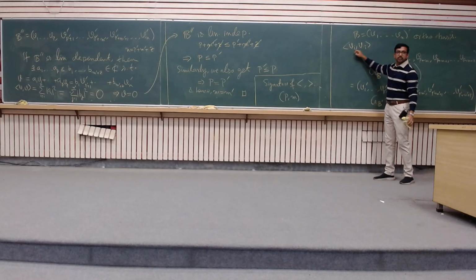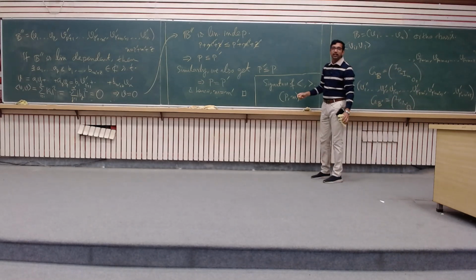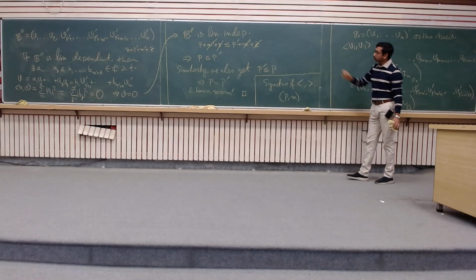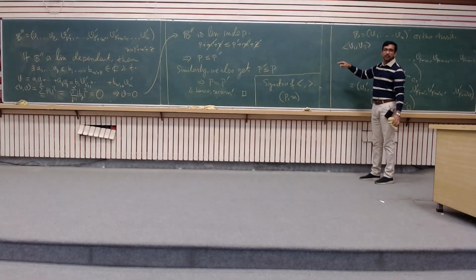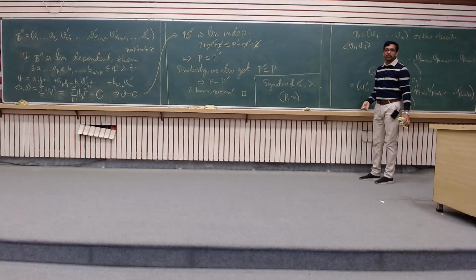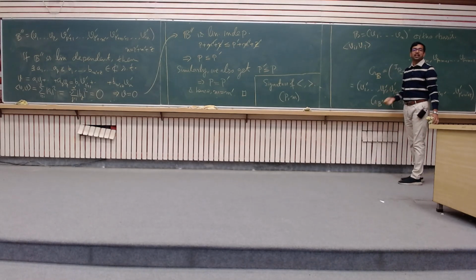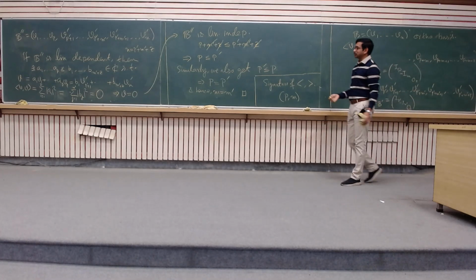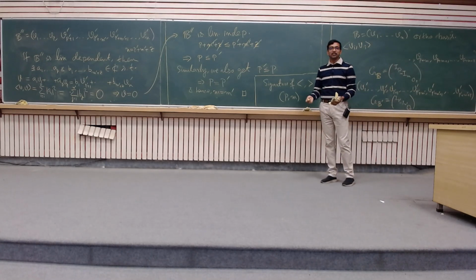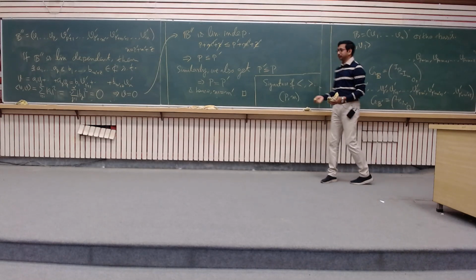If these are positive, those correspond to P. If these are negative, that corresponds to minus, that is M. And if this is 0, those correspond to Z. So it's quite easy if you are given an orthogonal basis. Otherwise, you have to find an orthogonal basis, and that is quite some task because you have to do some procedure like Gram-Schmidt.